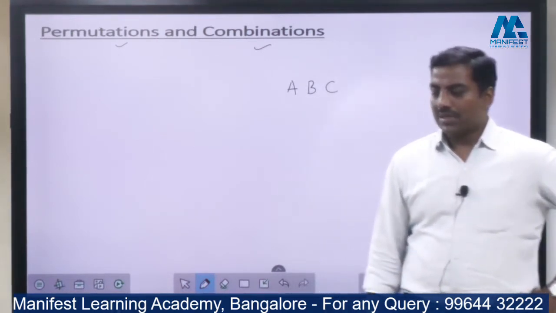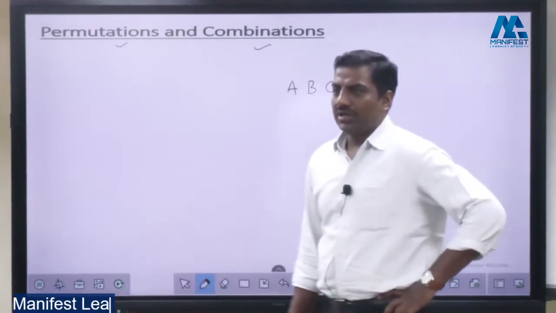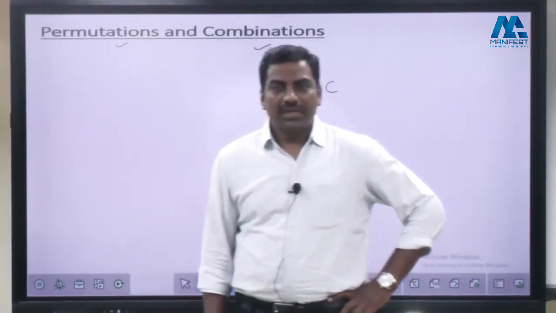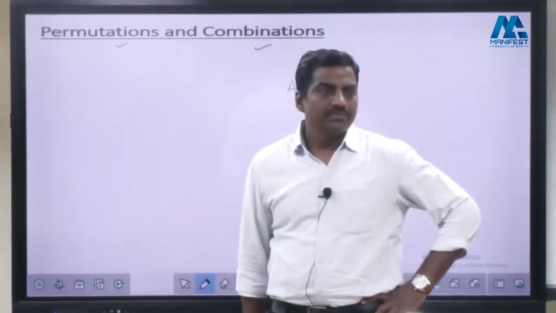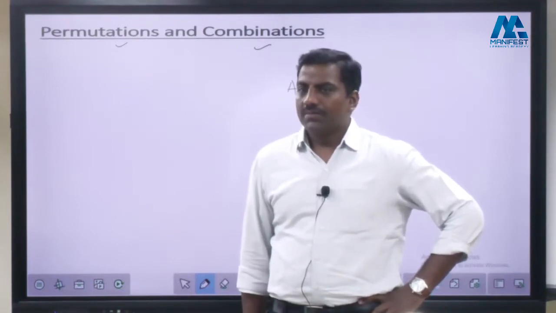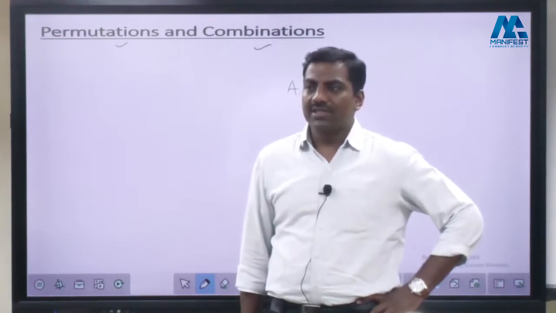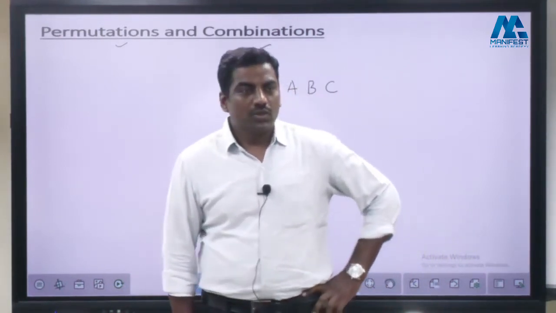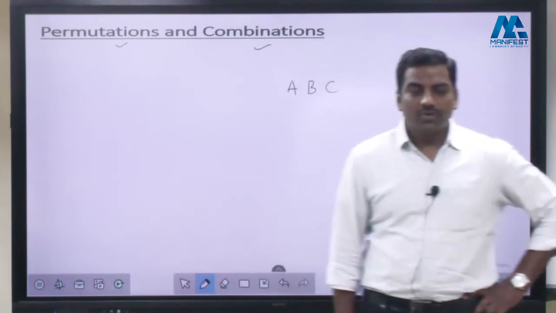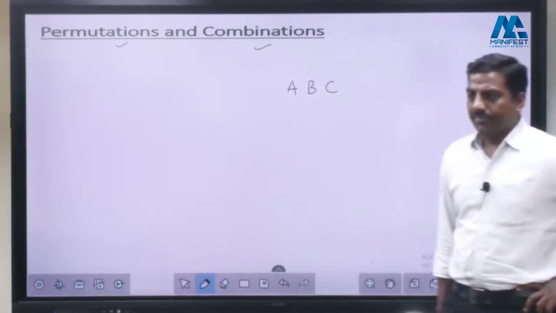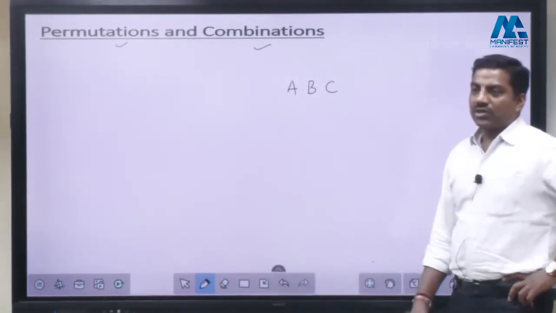Basically, there is one competition going on, like a table tennis competition, let's say. And I have been given a task to choose 2 people out of these 3 people to send as a team.